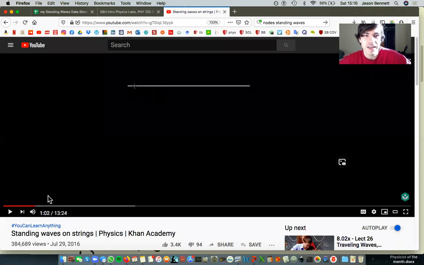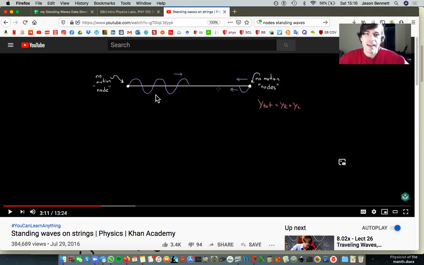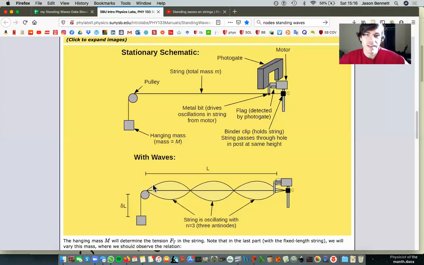They have a very good explanation of a two fixed endpoint string, and why things like these antinodes and nodes form. It has to do with this idea called superposition, which, as I mentioned, is why this led to the quantum mechanical things. It's the superposition principle of quantum mechanics, or of just wave mechanics.